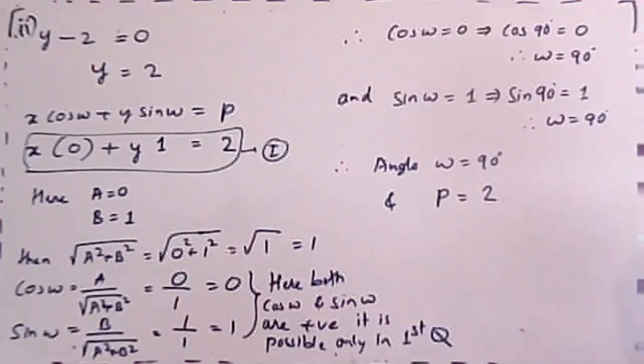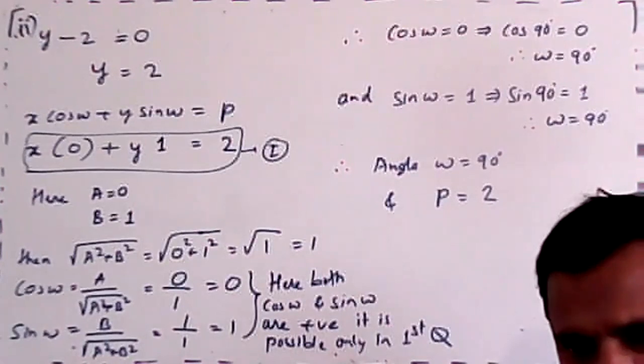So if you take root 1, the value is minus 1? No. You can't take it negative, the reason being the length of the perpendicular may not be negative. I clearly explained in the first problem. P must be positive. I even wrote a sentence for that.